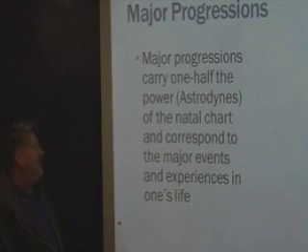And so we give a major progression the equivalent of 1/2 the power that that planet might have in the natal chart. And therefore, we consider the major events that come into one's life are signified by major progressions in the chart.